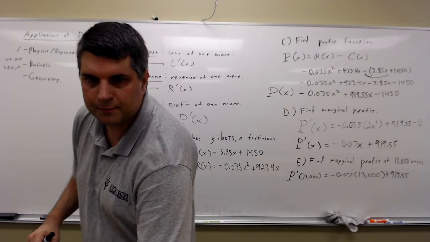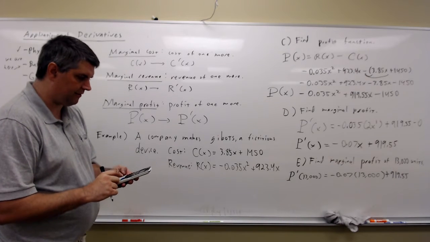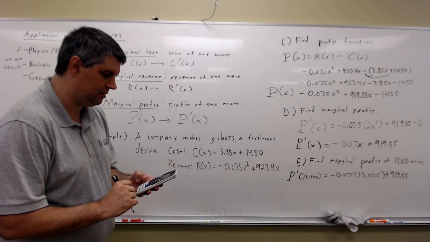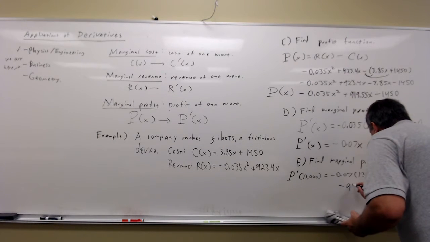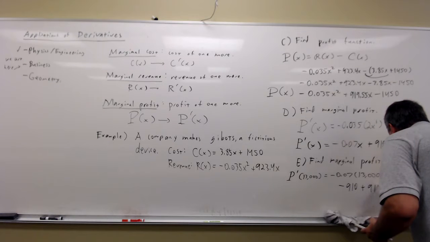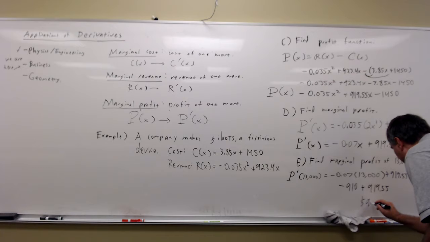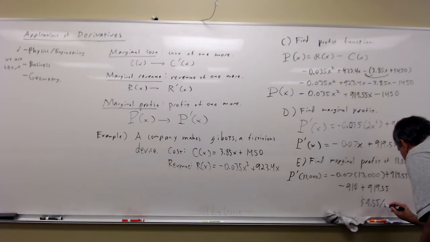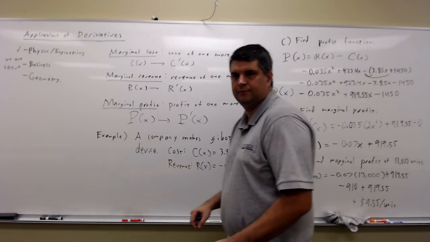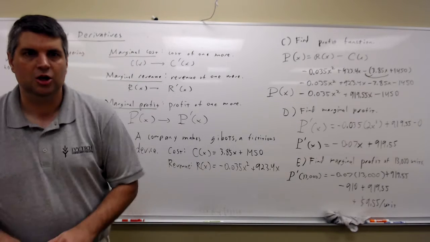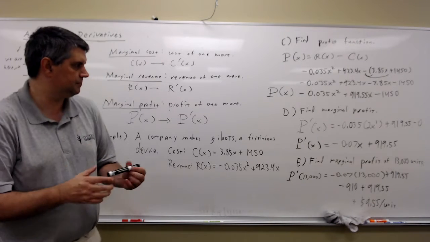So, negative 0.07 times 13,000 is negative 910, plus 919.55 gives me $9.55 per unit. Okay? So they are still making a profit on this.